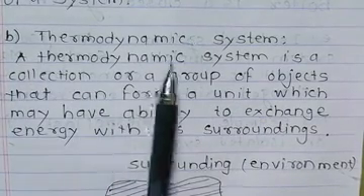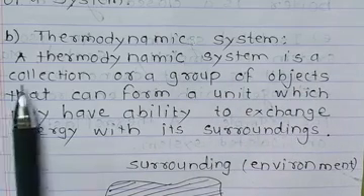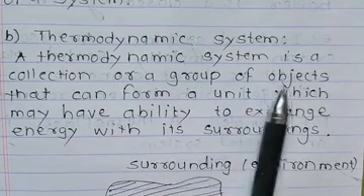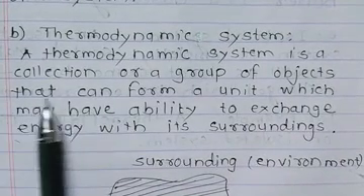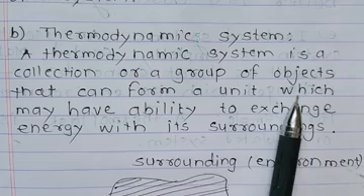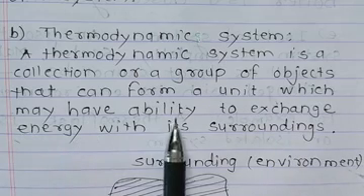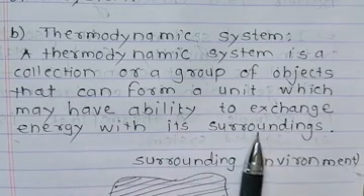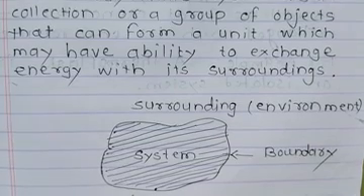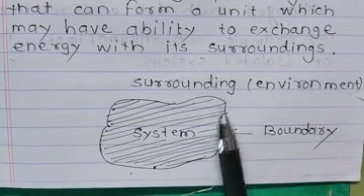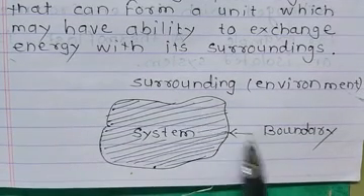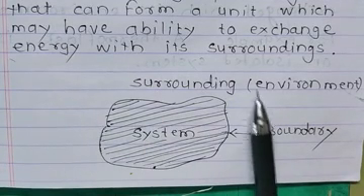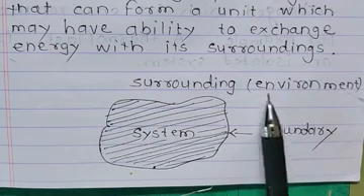A thermodynamic system is a collection or a group of objects that can be formed into a unit which may have the ability to exchange energy with its surroundings. So consider this system, the boundary of this system, and the surrounding of this system, which we call the environment.